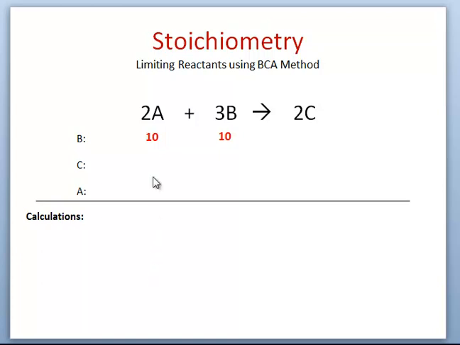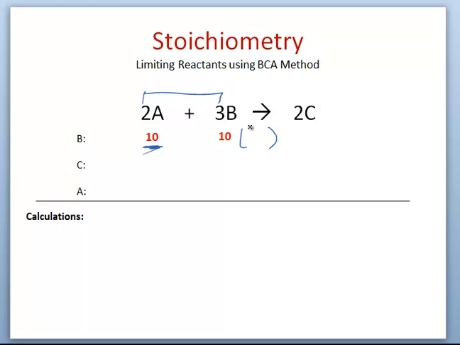Okay, so hopefully you started with the 10 units of A, and then you asked yourself, okay, if I have 10 units of A, how many units of B will I need? And to do that, you have to key in on the stoichiometric ratio between A and B. That's 2-to-3.